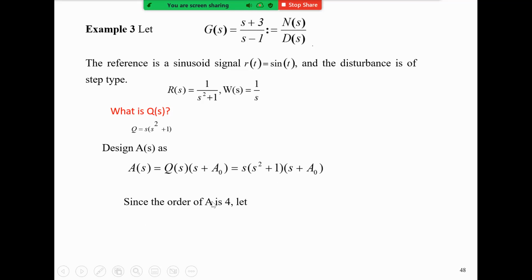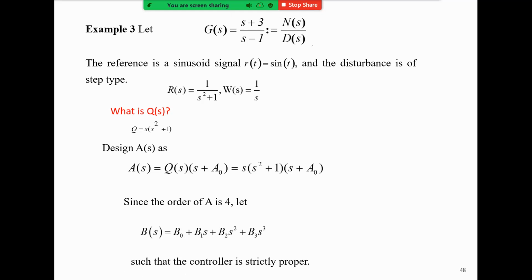Since this one is 4, of course, the degree of B cannot be bigger than 4. To make it simple, we just choose the degree of B to be 3, making it strictly proper. It is not necessary to be strictly proper, or you can make it proper, but in that case, you have more design parameters.